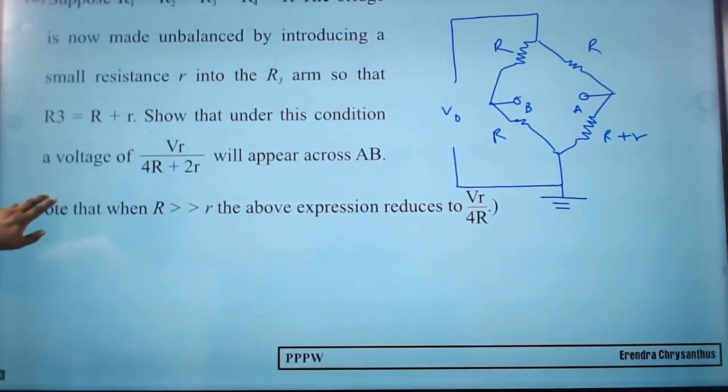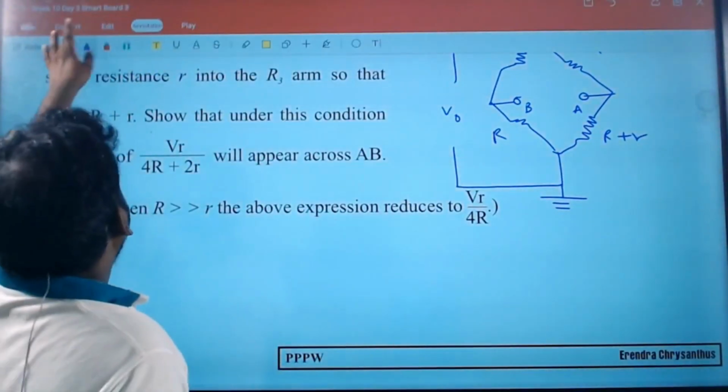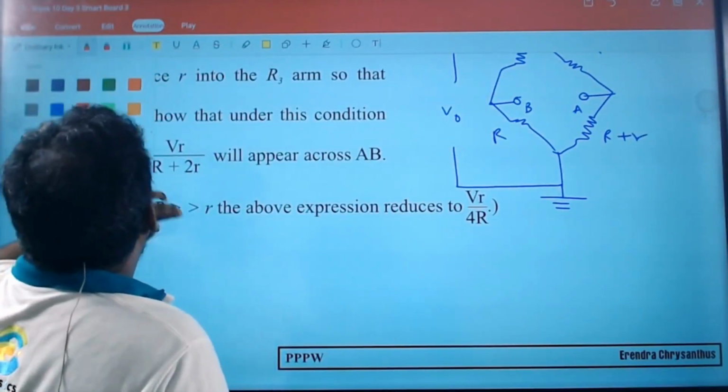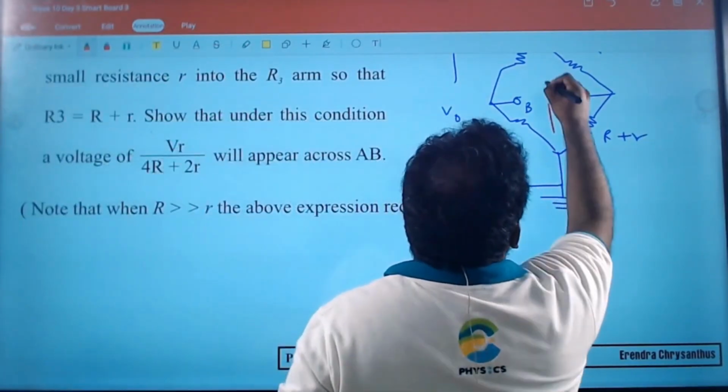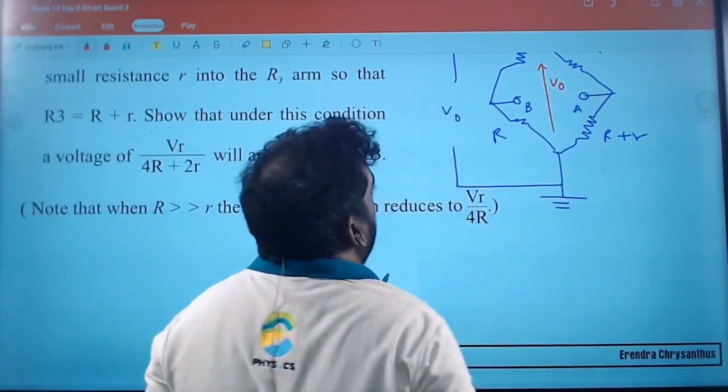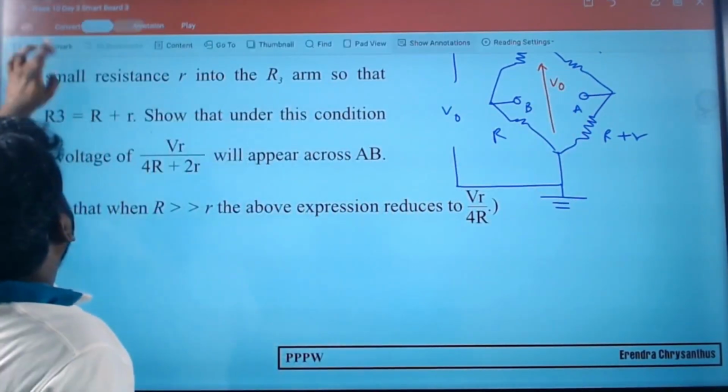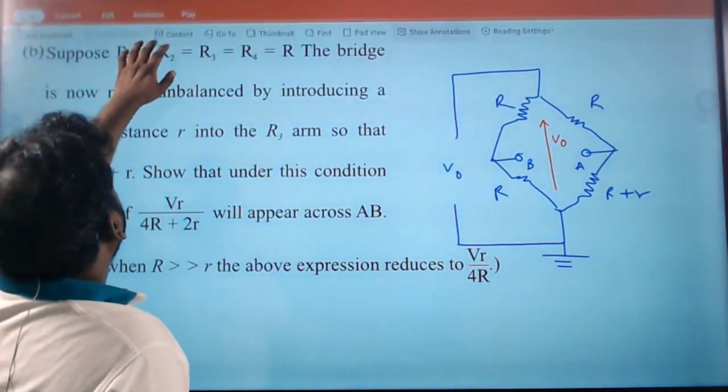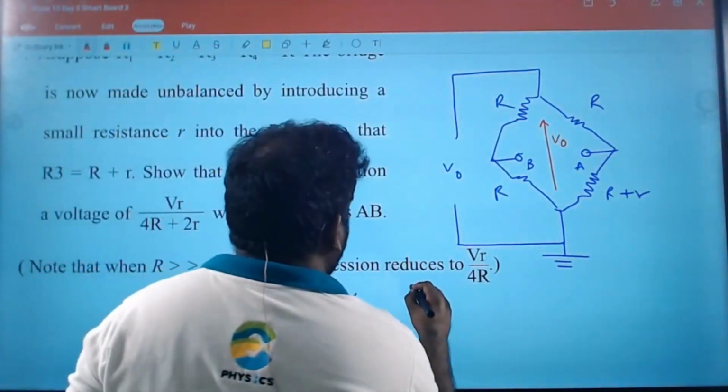Now, same as earlier. Here voltage is V naught. Here voltage is V naught. Find it quickly.